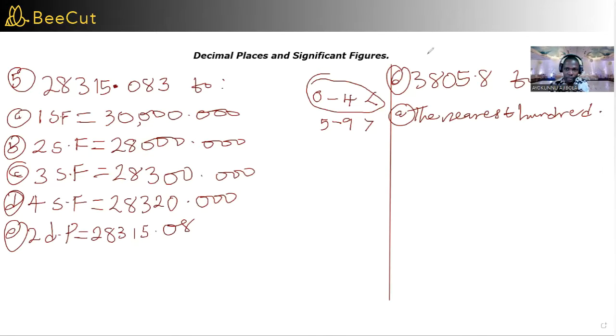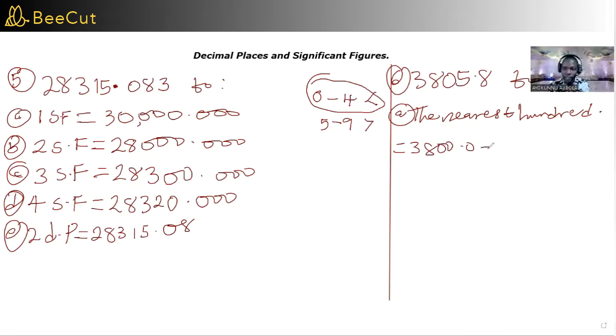This is 1,000, the 8 is 100. So when you're counting in 100, after 800 should be 900. But what you have here is 805. So 805 is way far from 900 and way close to 800. So this is going to become 3,800.0 to the nearest 100.